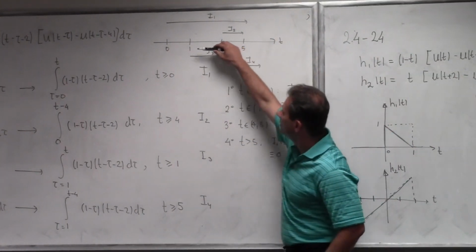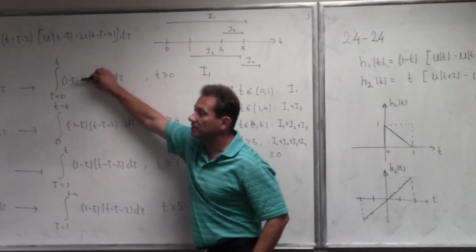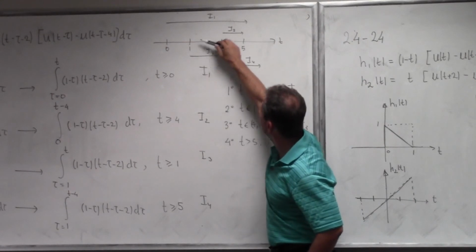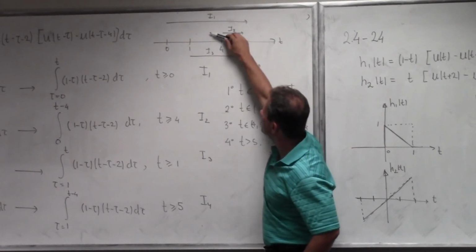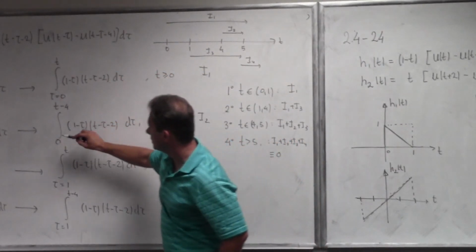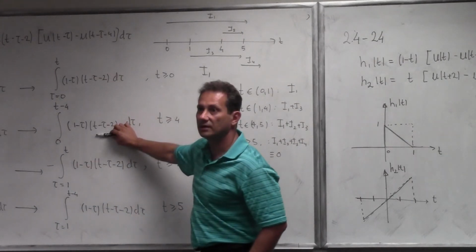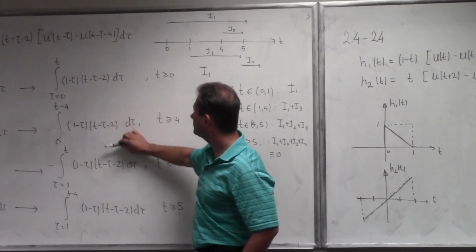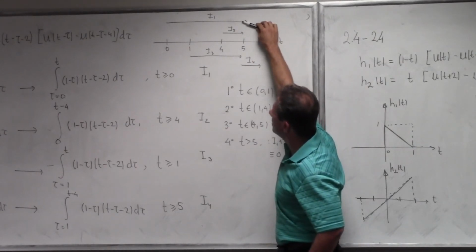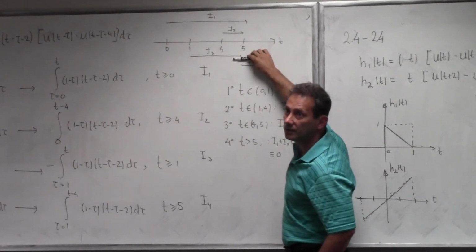Case 1 is just for t between 0 and 1, and I can evaluate only this integral for that case. Case 2 is for t between 1 and 4, and in that case it's going to be essentially this minus this, because there are minus signs here. Between 4 and 5 it is I1 minus I2 minus I3.